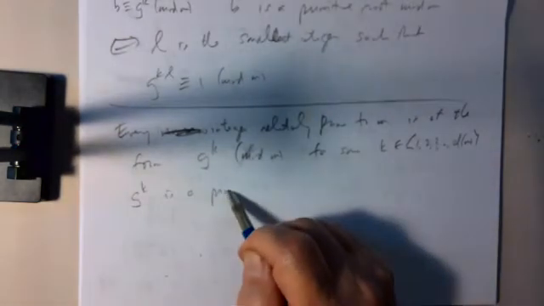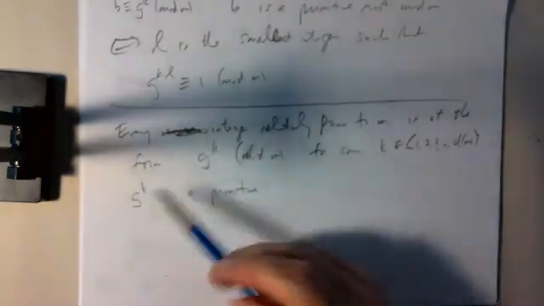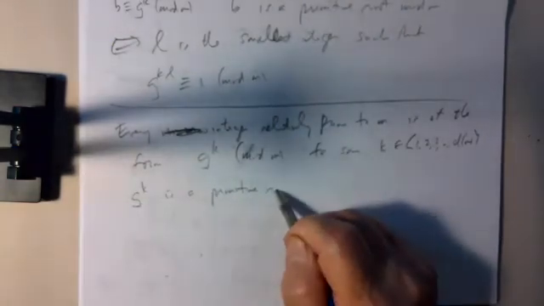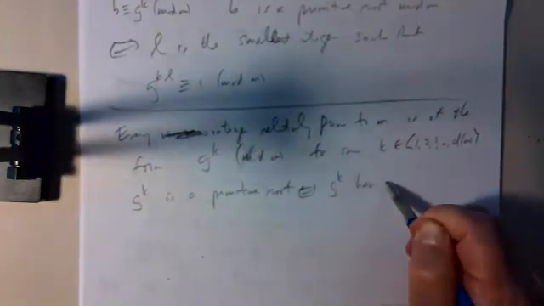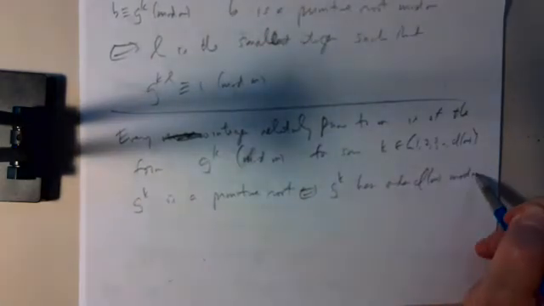And g to the k is a primitive root if and only if g to the k has order phi of m mod m.